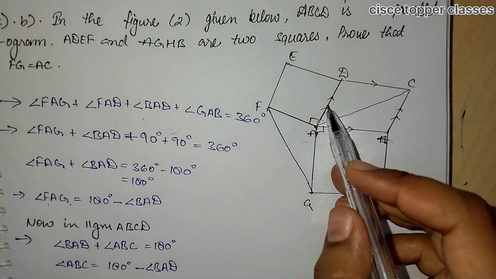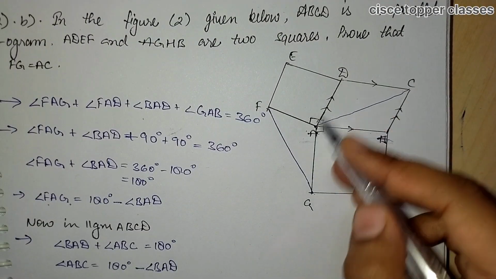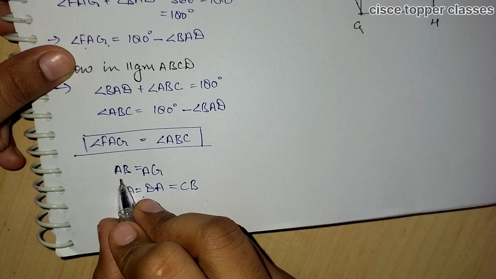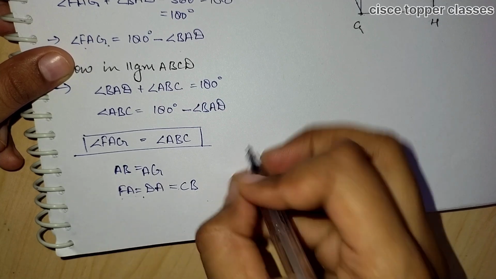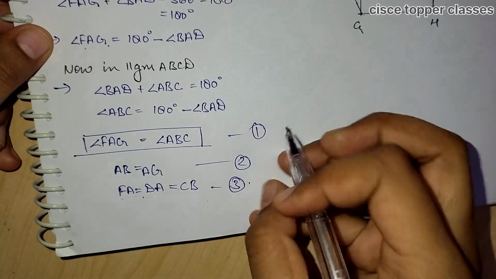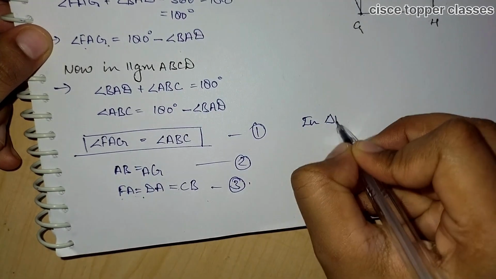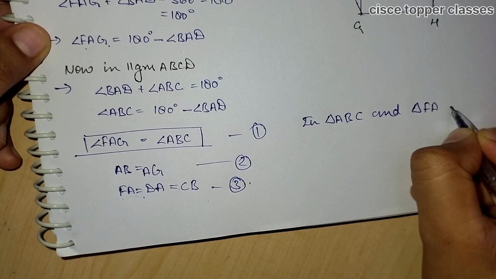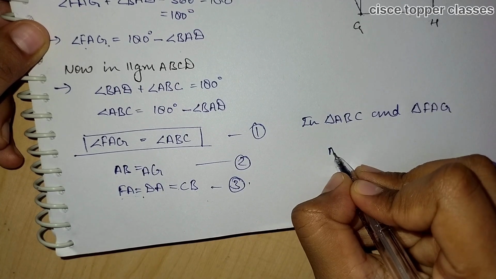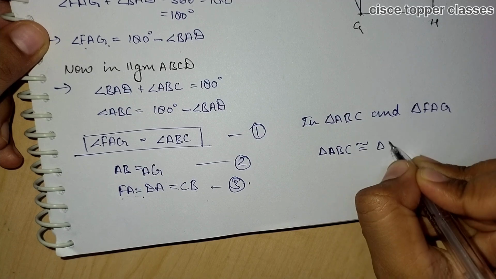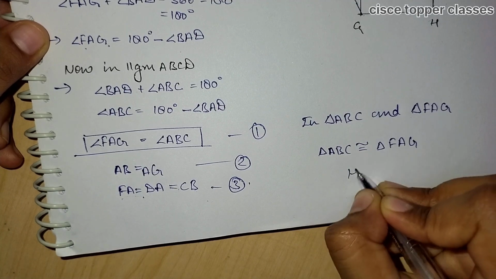In a parallelogram the opposite sides are also equal, means DA is equal to CB. So FA is equal to DA, which is equal to CB, and AB is equal to AG. Putting these as the first, second and third points in triangle ABC and triangle FAG, we can prove that triangle ABC is congruent to triangle FAG, hence proved.